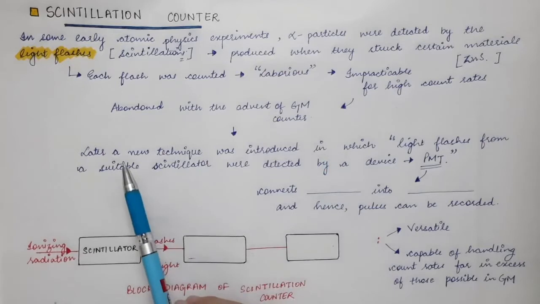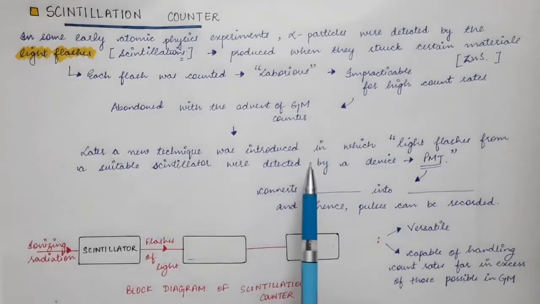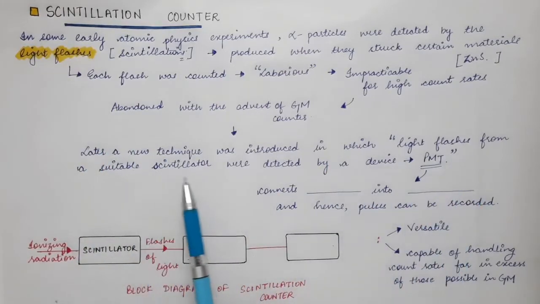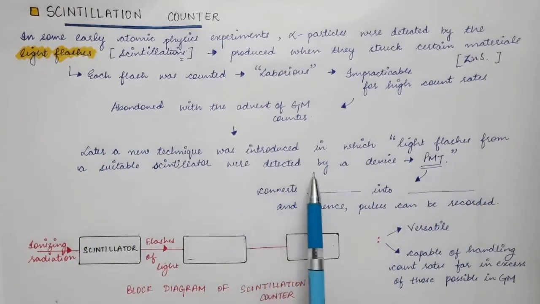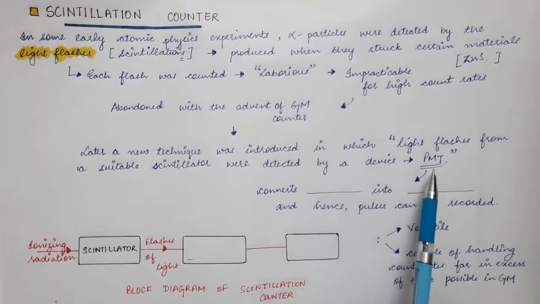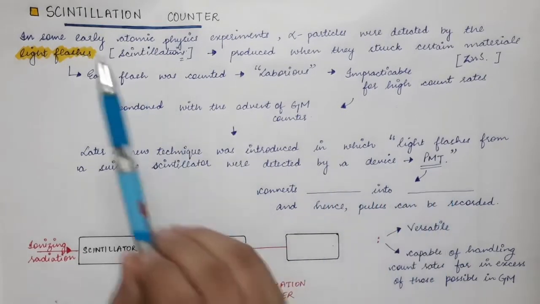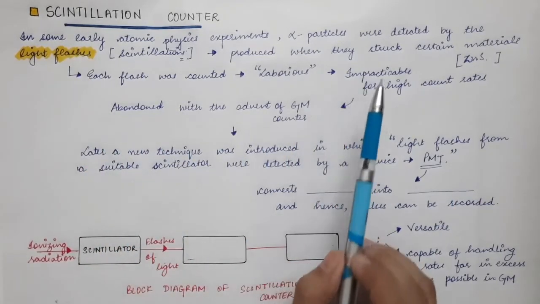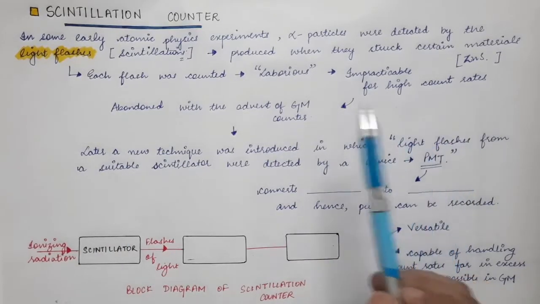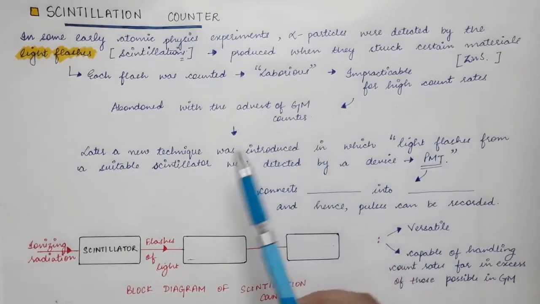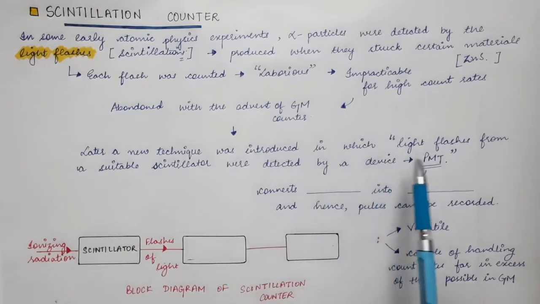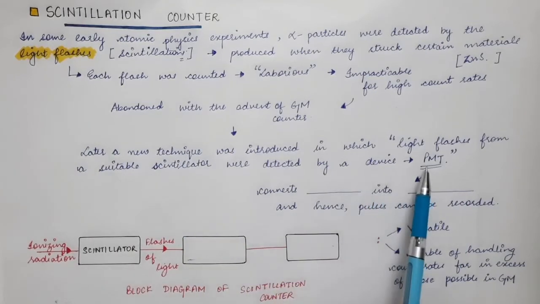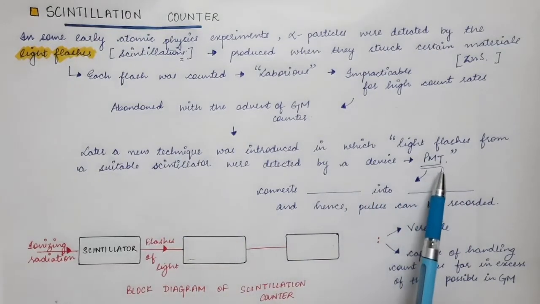But later, a new technique was introduced in which the light flashes from a suitable scintillator were detected by a device called PMT, the photomultiplier tube.